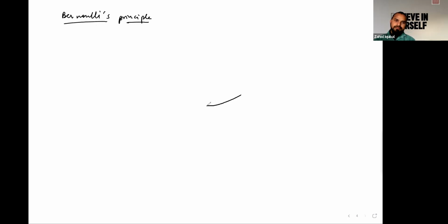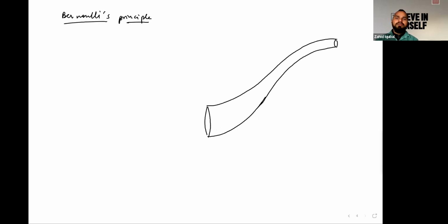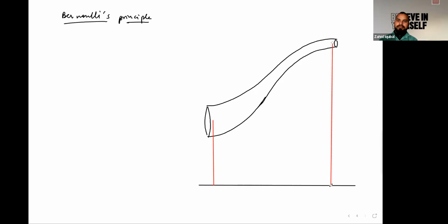Suppose you have a tube like this whose ends are at different heights.